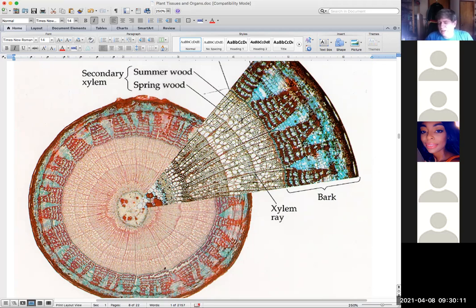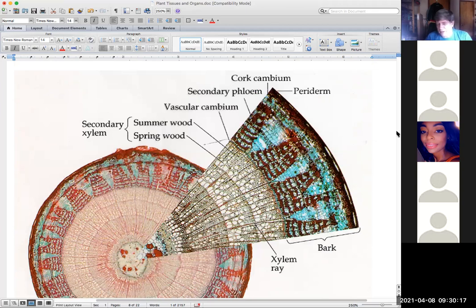Now, when we look at our vascular cambium, it's a very narrow layer because this vascular cambium, remember what I mentioned, is 1 at the most 2 layers of cells. Whereas if we look at the xylem, if we would count, it looks like there's maybe about 10 xylem cells in each growth ring.